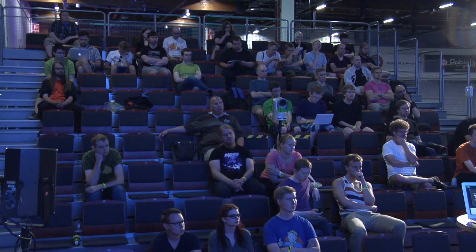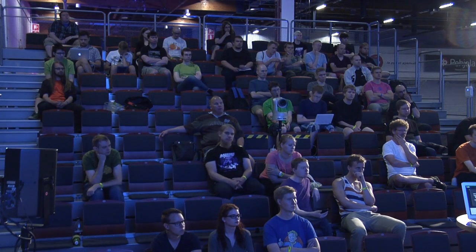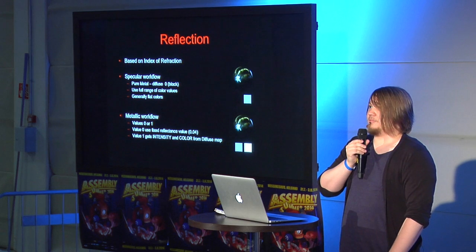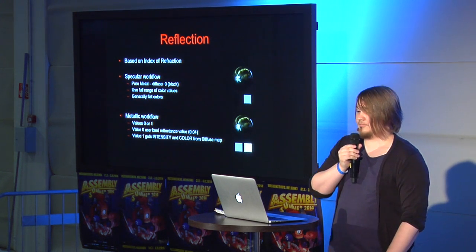But again, what's different is that this specular map generally should be flat colors, compared to the traditional model where we put all the detail, like scratches and whatever, into the actual specular map. This is because the reflectivity of the material doesn't actually change that much. It's pretty much constant per material.